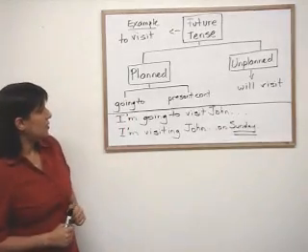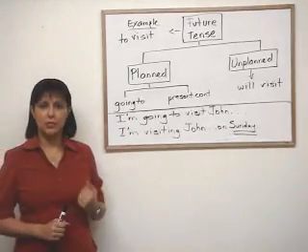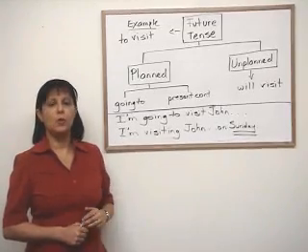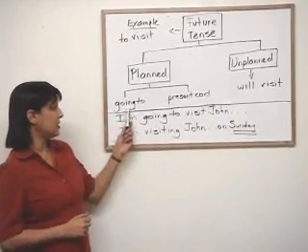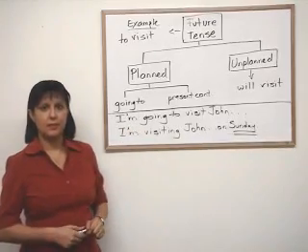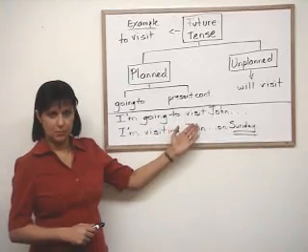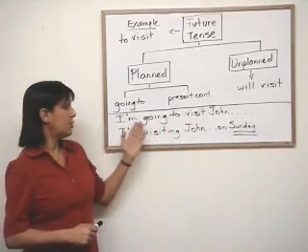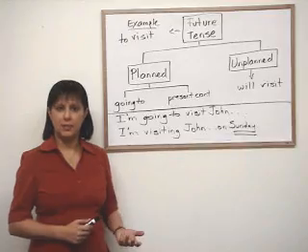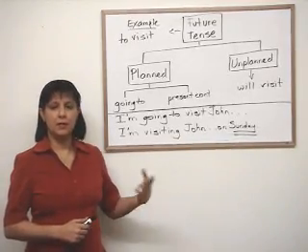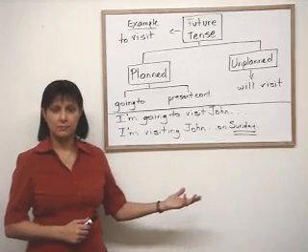Let's start now with the two different ways in which you can talk about planned activities in the future. One is by using the expression going to. You simply say, I'm going to, plus the verb. In this case, I'm going to visit John on Saturday. All right? Or I'm going to meet Mary at 5 o'clock.